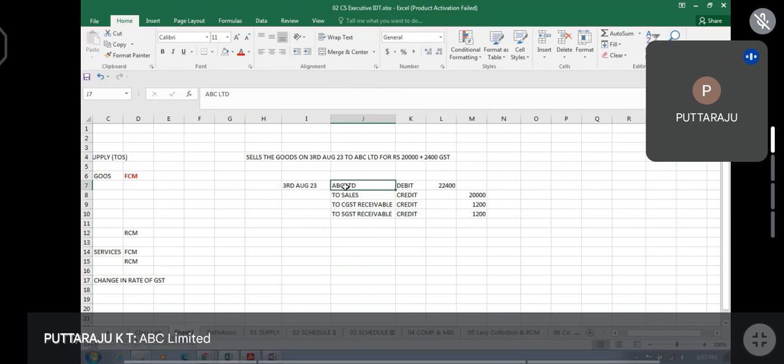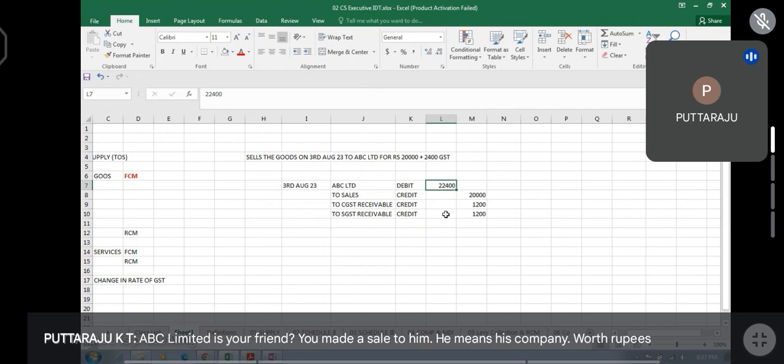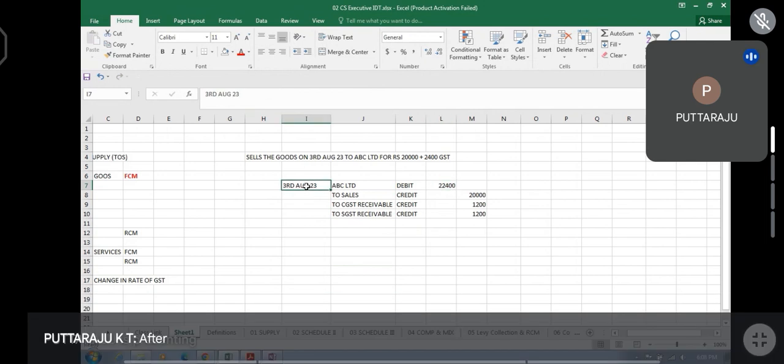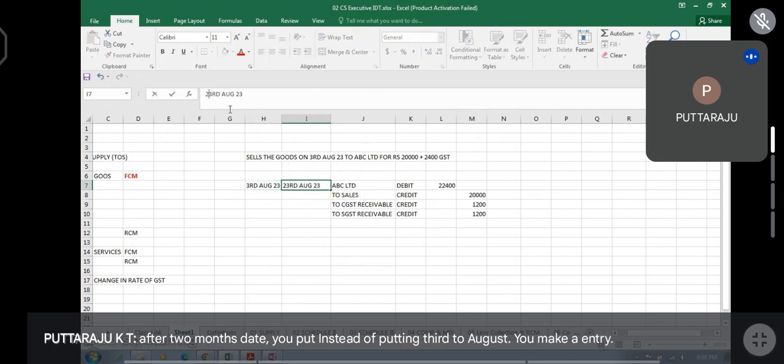You made a sale to his company worth rupees 22,400: 20,000 value of goods, 1,200 CGST, 1,200 SGST. You did not record it; you recorded the sales after 2 months. Instead of putting 3rd August, you make an entry on 23rd December.